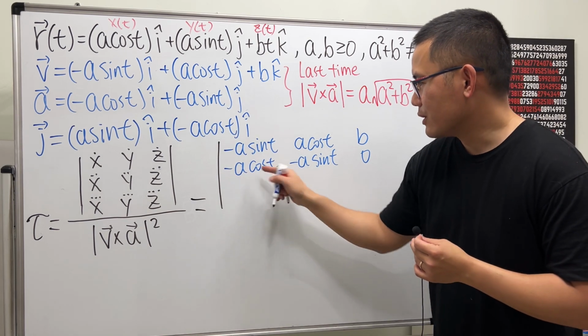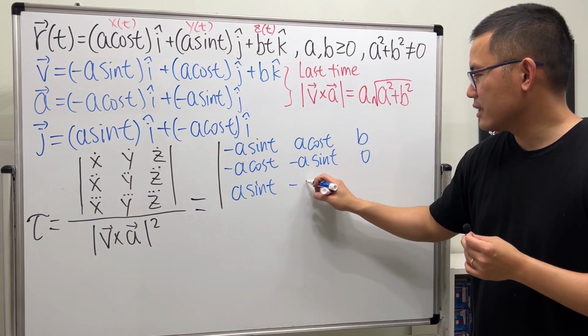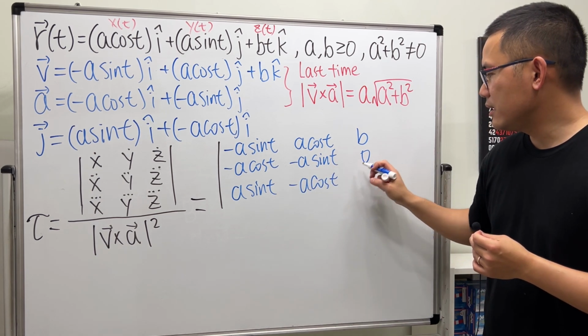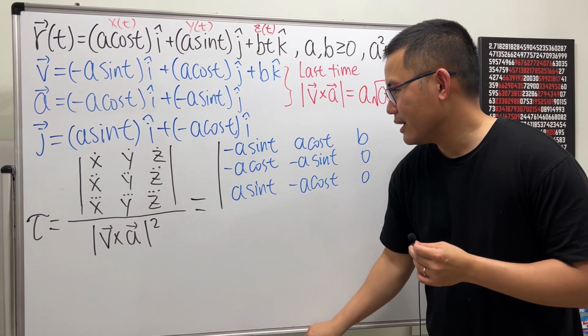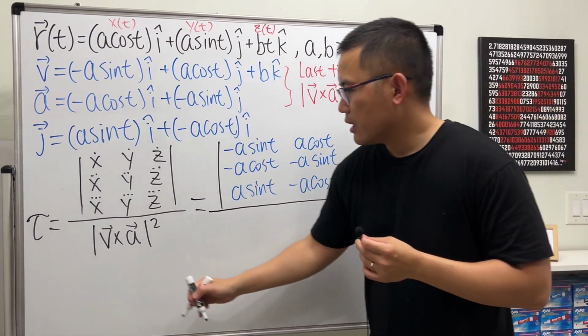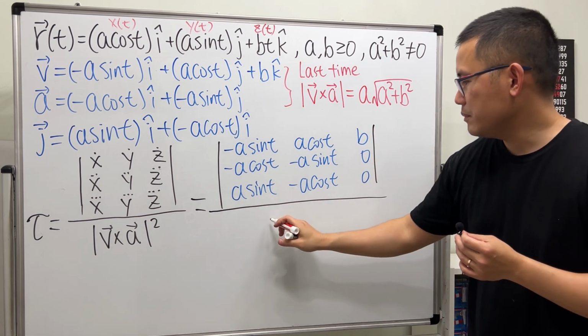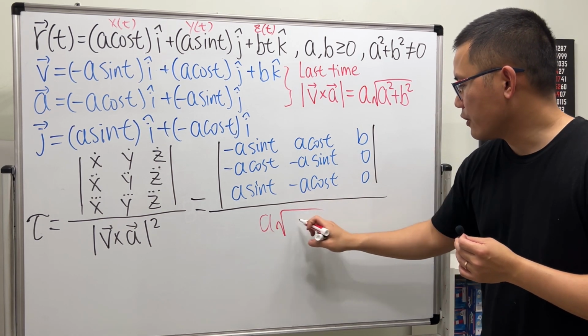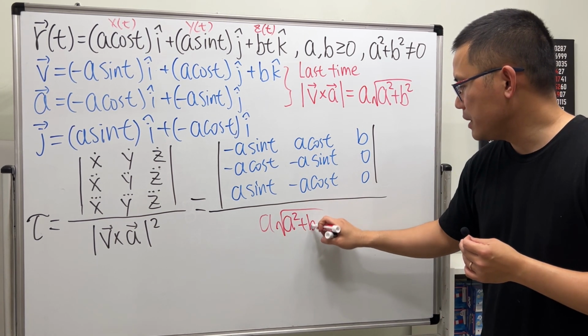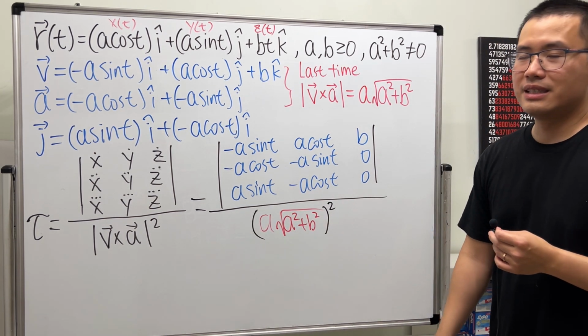So this right here will give us a sine t and then negative a cosine t and then 0. Okay, and then over the magnitude part is this, which we got last time. So a square root of a squared plus b squared, and then we just have to square whatever that is.